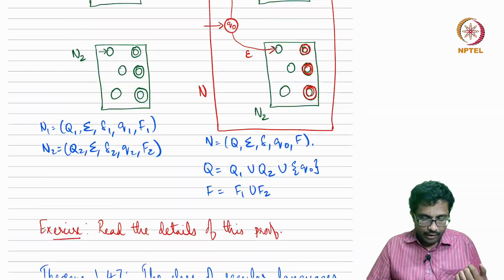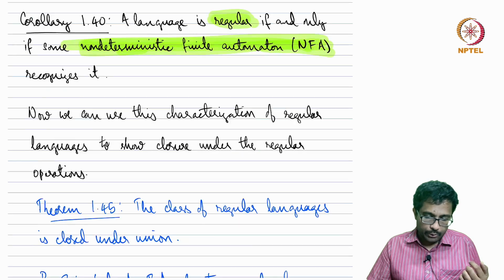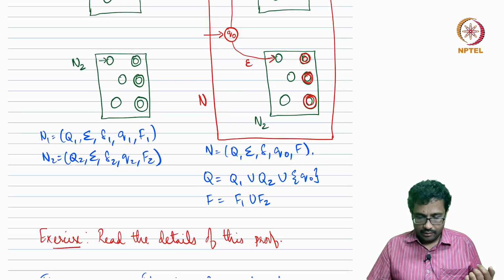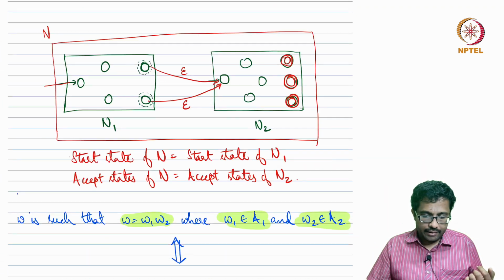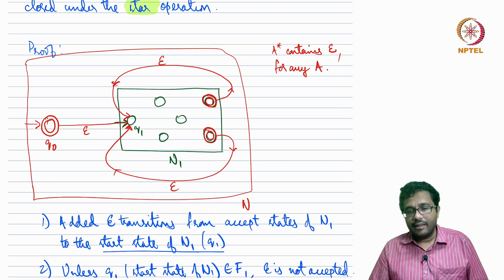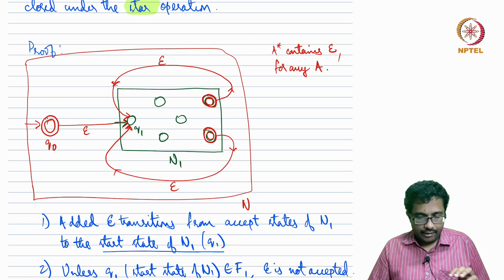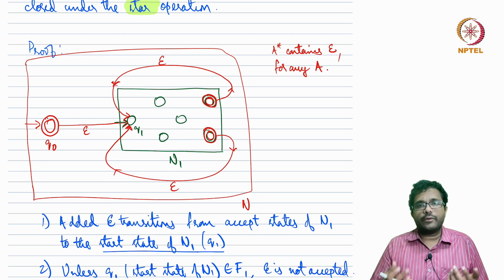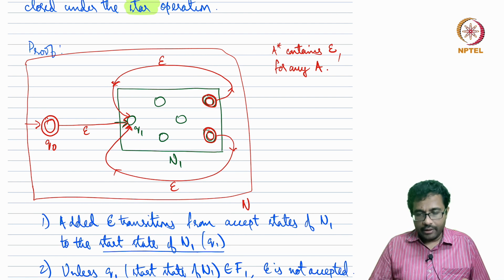So now you see, we saw that regular languages are closed under union, concatenation and star, and all three proofs are fairly simple and intuitive, and you could understand the proof and even the correctness by just looking at the pictures of the proofs, right?